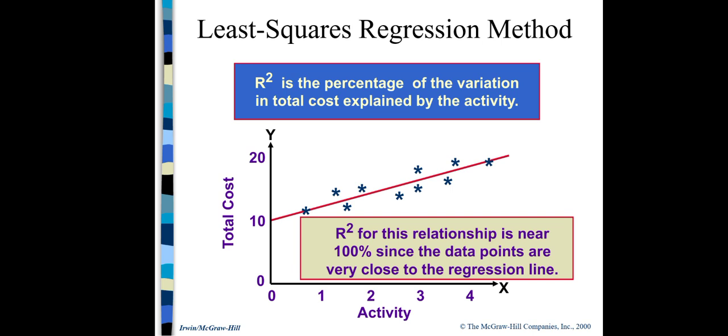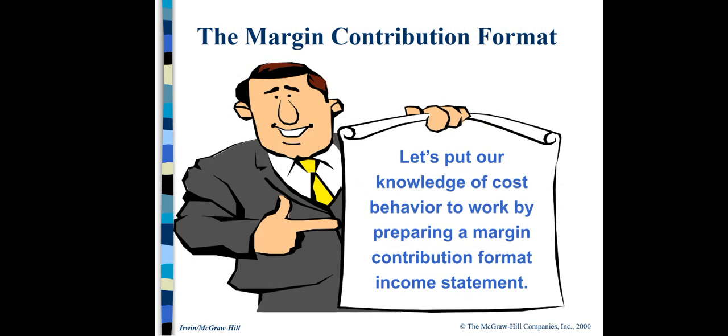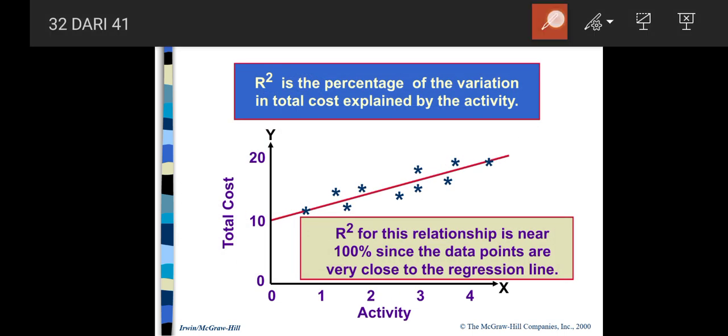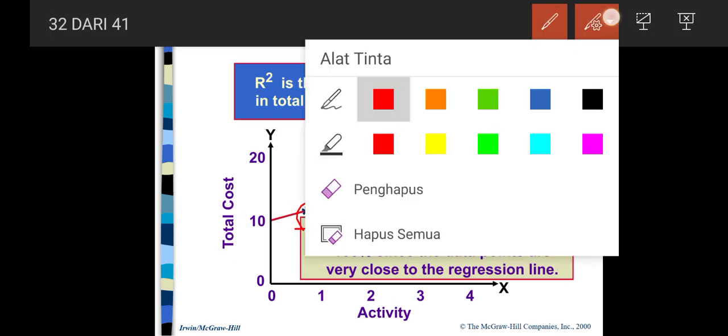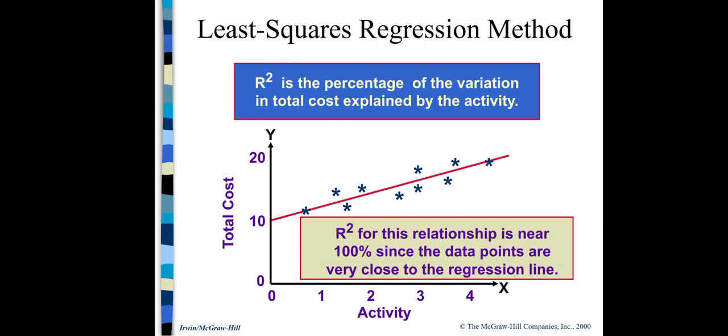Jadi di sini kita bisa melihat hubungan dari R square ini, tingkat keakurasiannya bisa hampir mencapai 100%. Kenapa? Karena data pointnya very close to regression line di sini ya. Nah ini very close dengan regression line. Artinya dengan menggunakan least square regression method tingkat keakurasiannya lebih tinggi daripada metode yang lain.